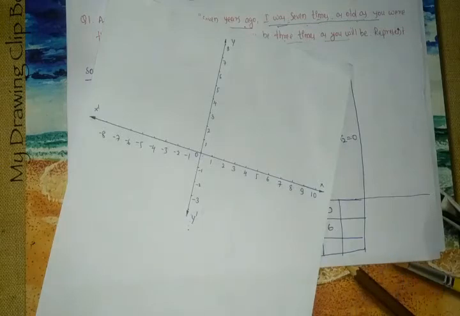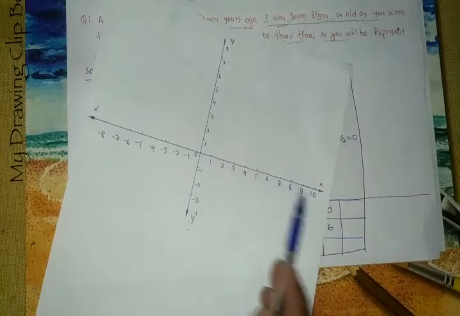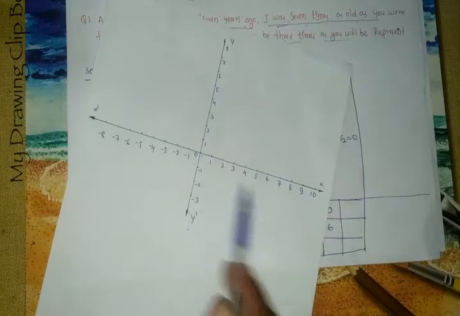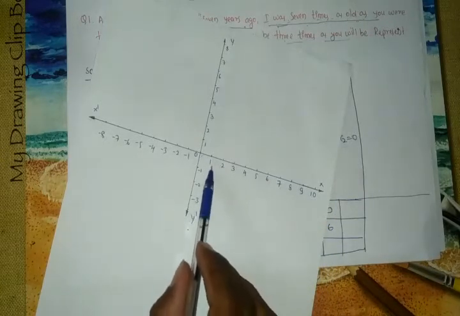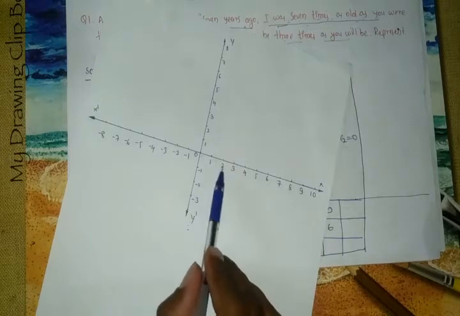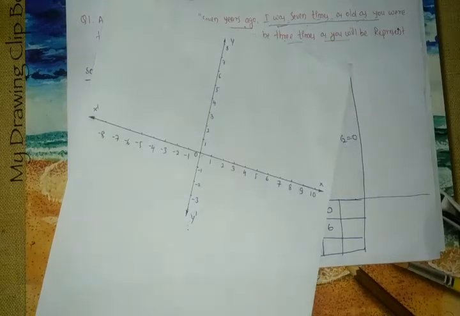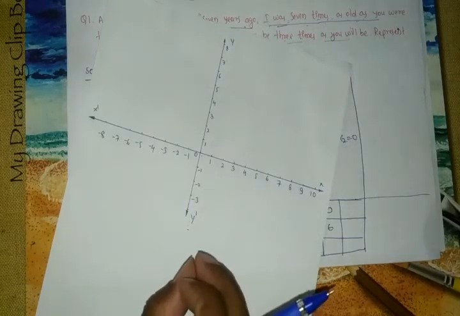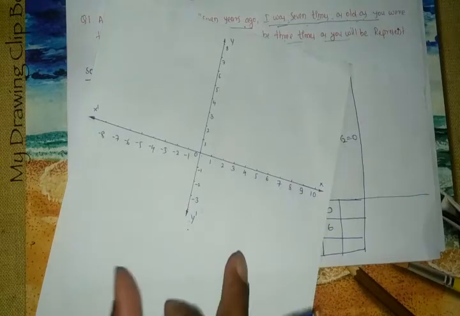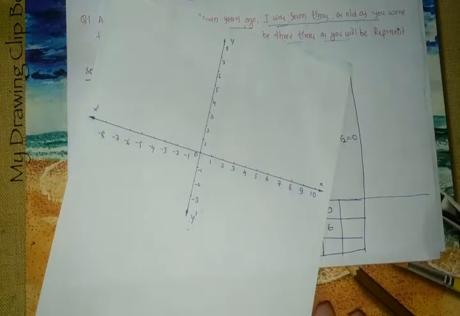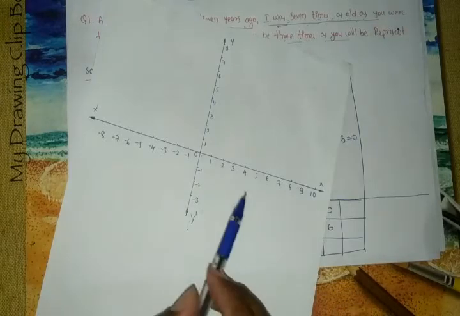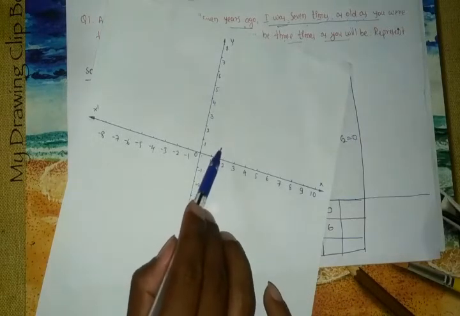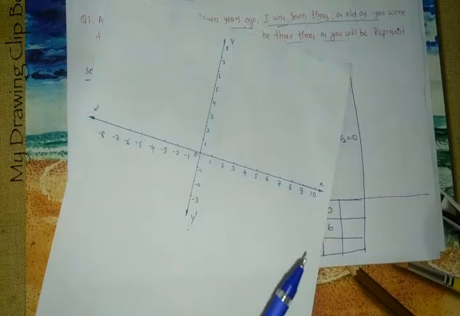It is left to you, but I will draw the distinct points as my intervals are only one. The interval is 1. As the intervals are smaller, you will get distinct points. If the intervals are large, it is difficult to represent the points.